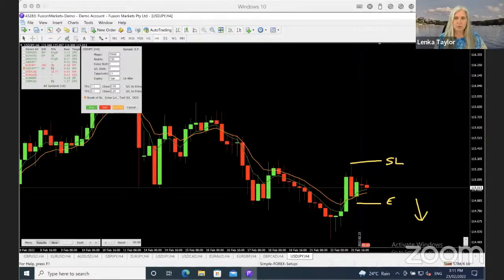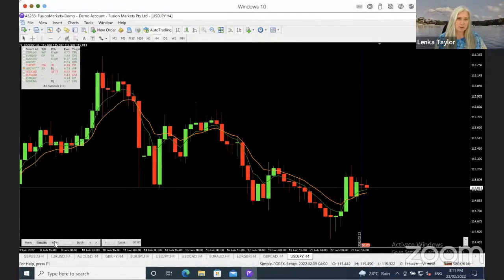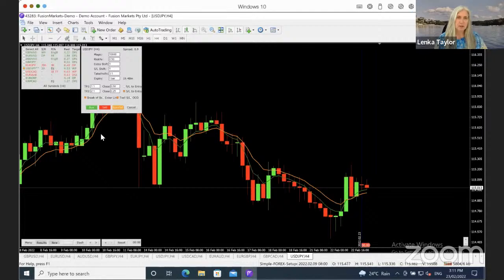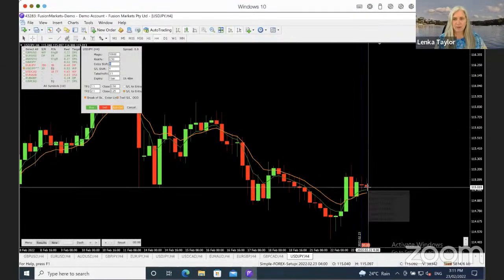So first of all, on my traders toolkit, I've got this thing where I can set up a new trade. And what I would do is decide on the risk, how much I want to take the risk for that trade. The entry would be a shift from the current bar.